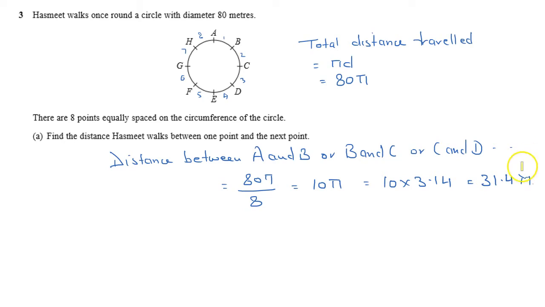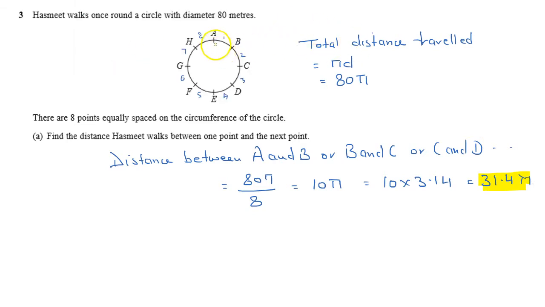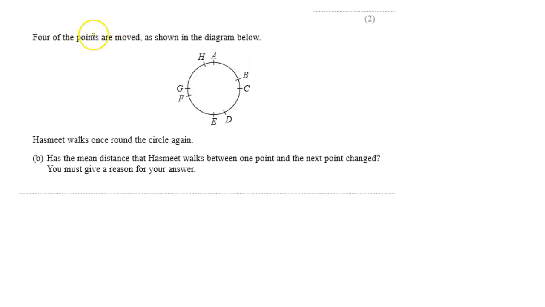So that is the distance covered from this point up to this point, or this point up to this point. So these are the distances. Now 4 of the points are moved.